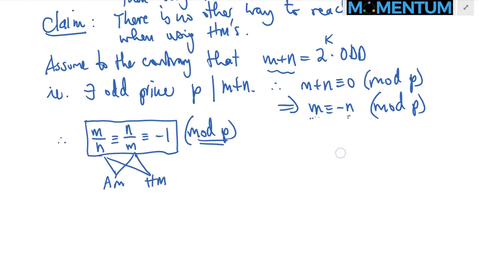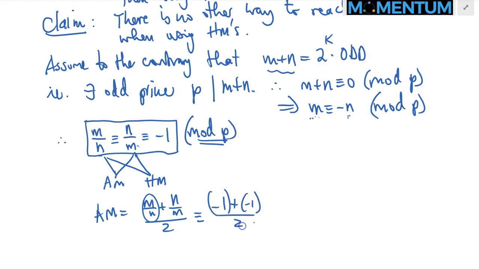For example, let's quickly check the arithmetic mean of these two numbers: m over n plus n over m, divided by 2, is congruent to minus 1 plus minus 1, all divided by 2, so minus 2 over 2, which is just minus 1 mod p.